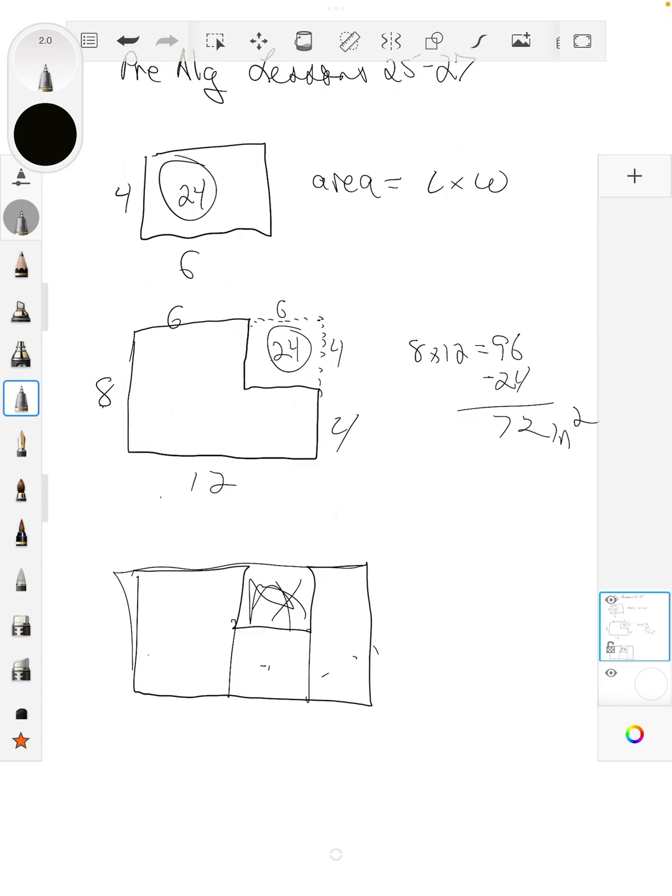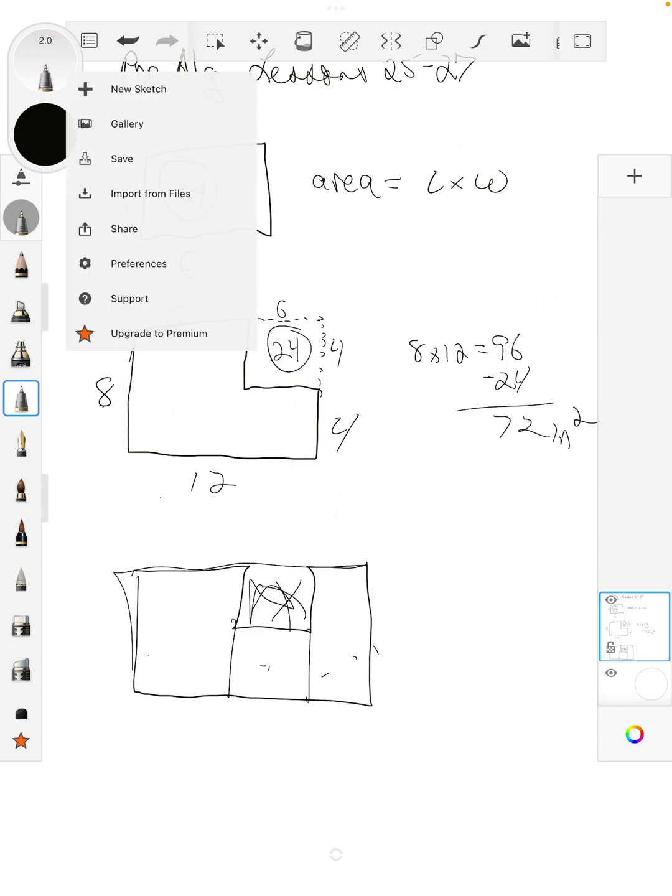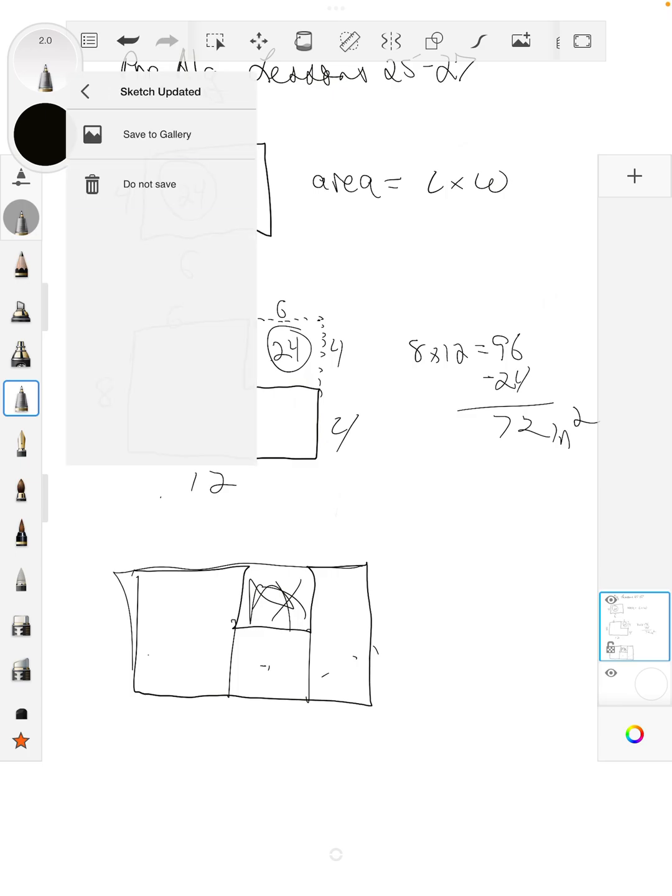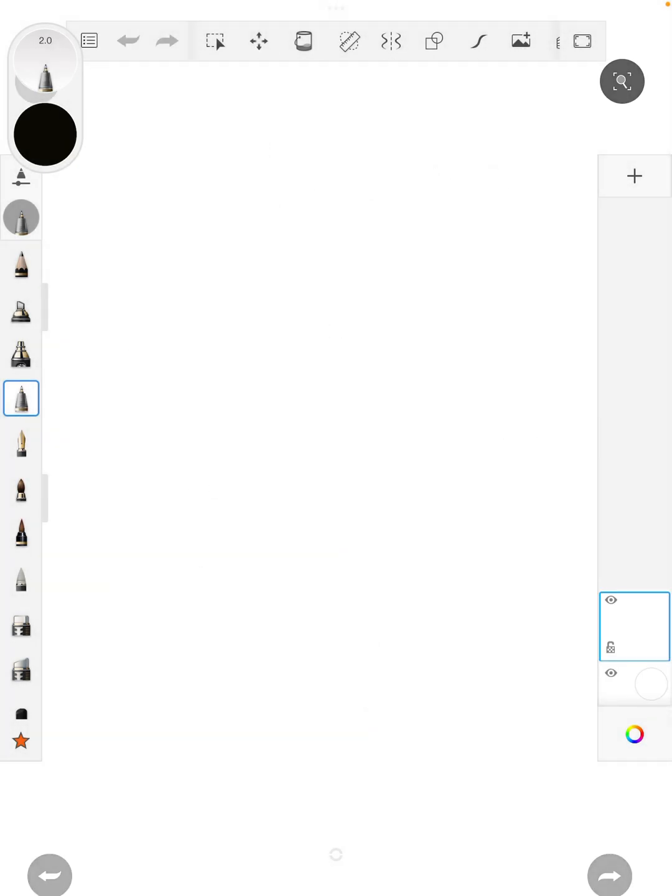Okay, so let's look at next stuff. Lesson 26. Lesson 26 is about these statistical words: mode, median, mean, and range.